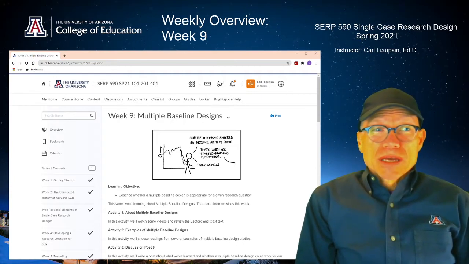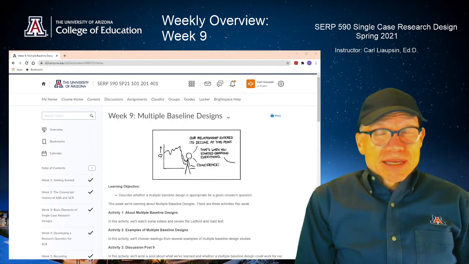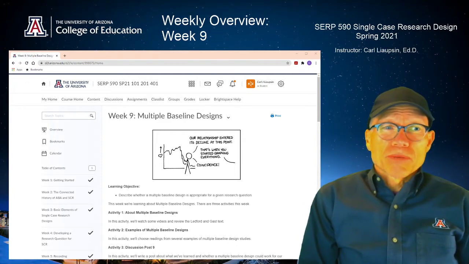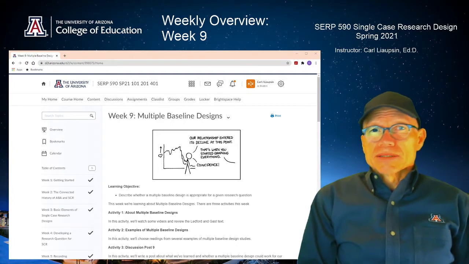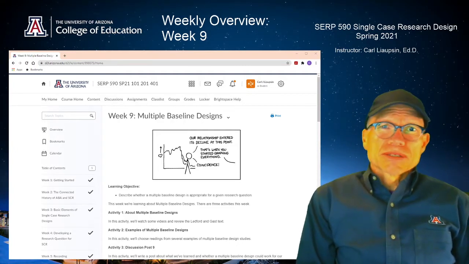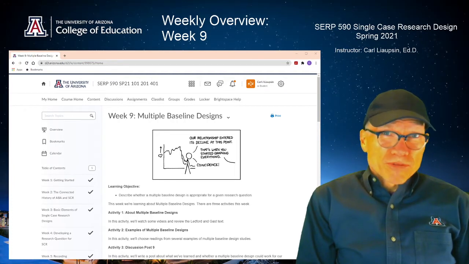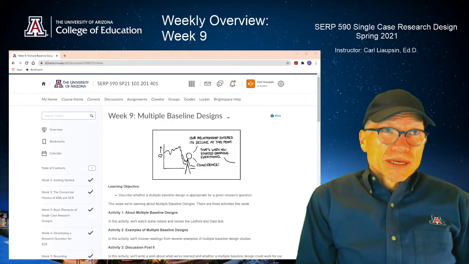And this week, like I've said, we are in the phase of design of the week, and this week's design, you'll learn more skills by learning about multiple baseline designs. So these are designs that you can use to show an experimental effect for your research question if you can't withdraw the intervention.